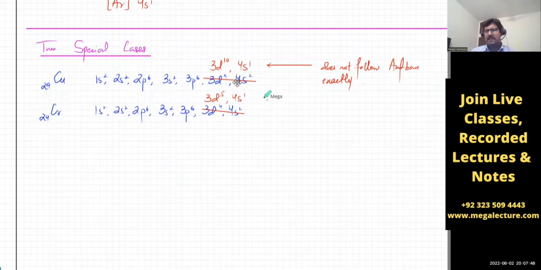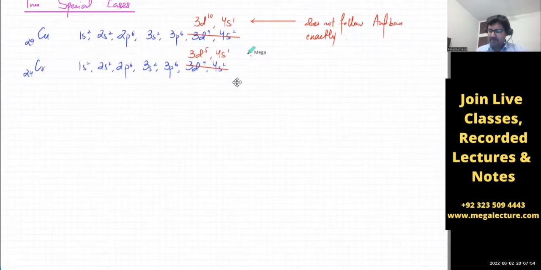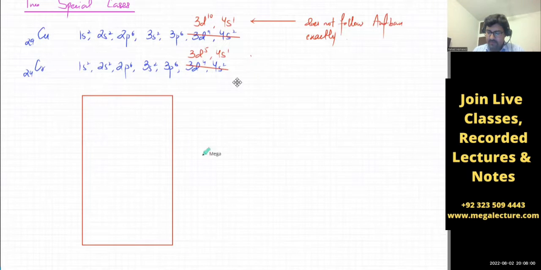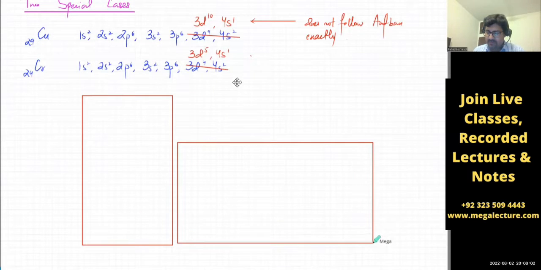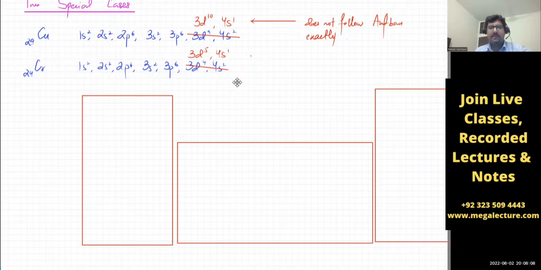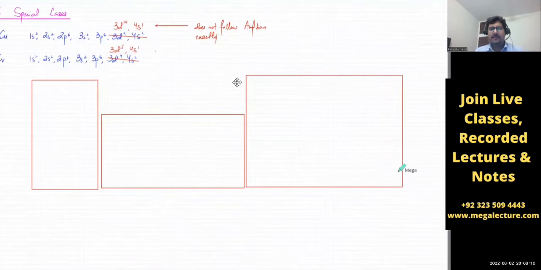I guess we're done with the electronic configuration. At the end I'll just draw a periodic table, which just tells you what it looks like. This is approximately how the periodic table looks. Group 1, 2, then you've got transition metals.